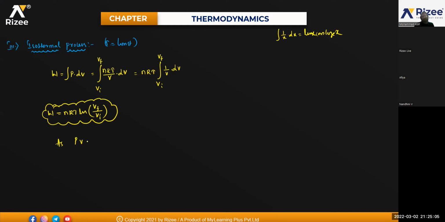As PV is equal to nRT, and nRT is constant, I can write PV is equal to constant. So I can write P initial V initial is equal to P final V final, isn't it? Therefore V final divided by V initial is equal to P initial divided by P final.